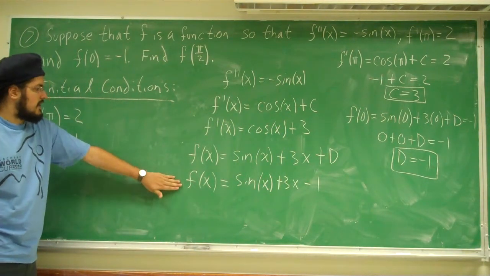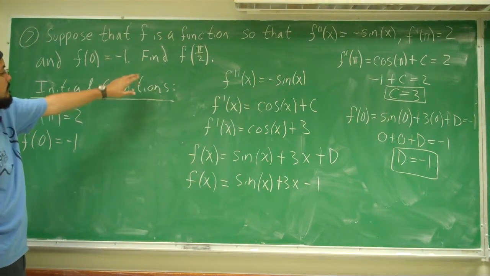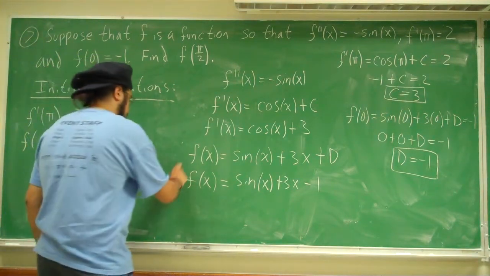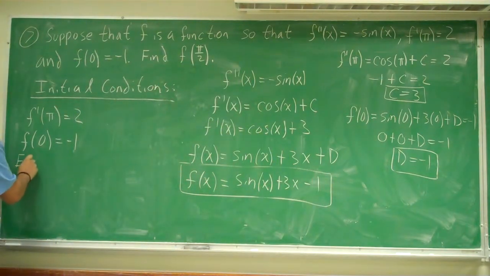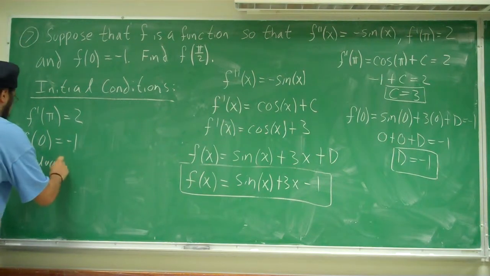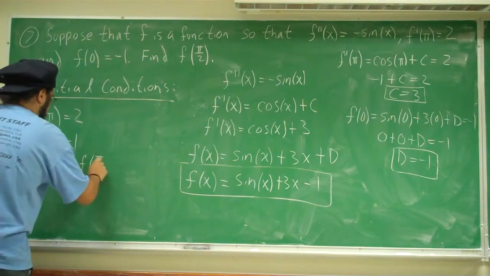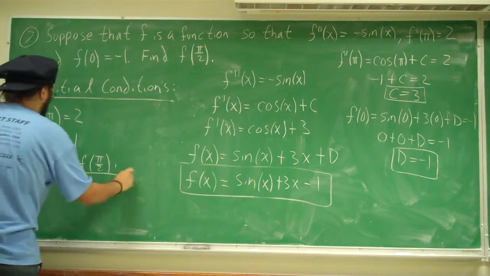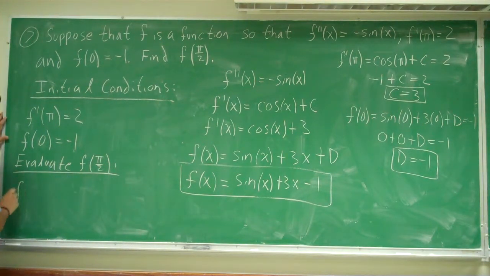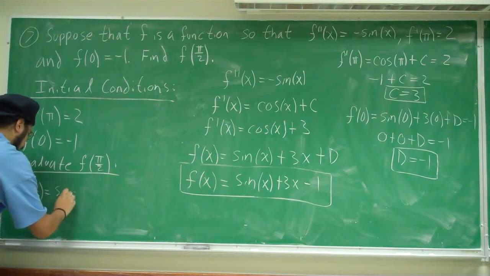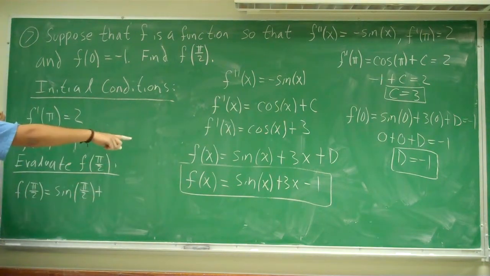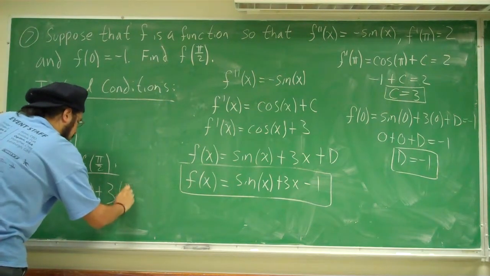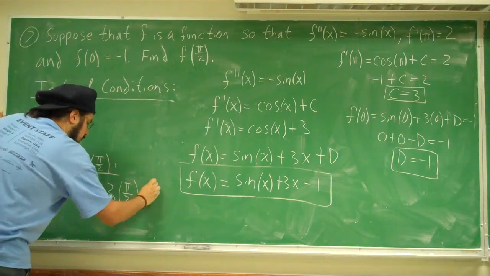So now that we have the function f of x, we can go ahead and evaluate f of pi over 2. So let's evaluate it down here. f of pi over 2 is equal to sine of pi over 2 plus 3 times pi over 2 minus 1.